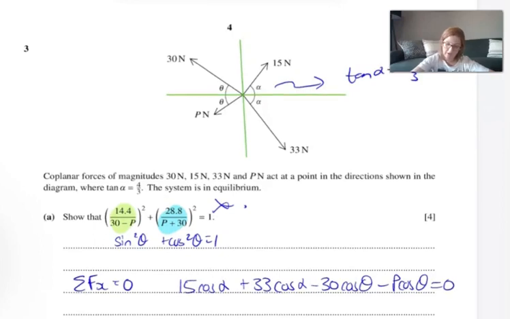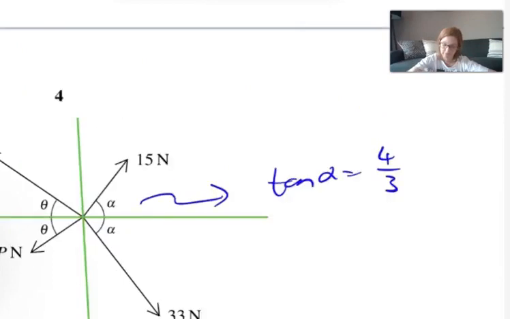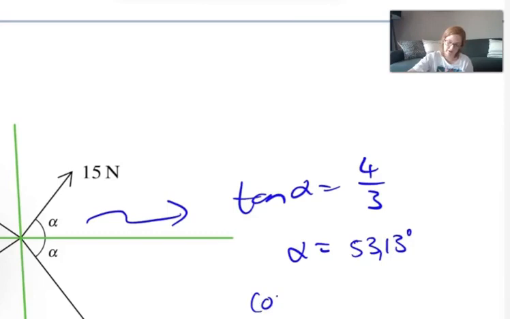I'm just going to quickly do a little sum on the side here so that I can work out what is my cos alpha. Okay, so if I get the inverse of tan of 4 over 3, that is 53.13 degrees. Okay, now I'm going to just keep that in my calculator, and then I'm going to say cos of my answer.